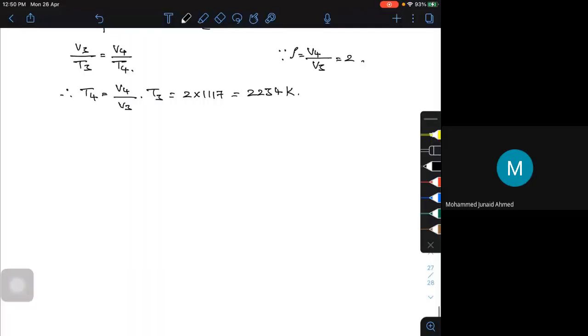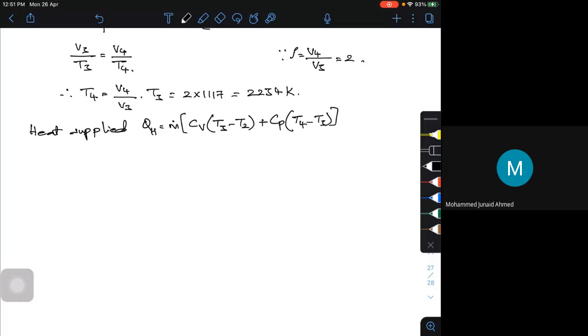QH is given by the mass flow rate into CV into T3 minus T2, the constant volume heat addition, plus CP into T4 minus T3, the constant pressure heat addition.